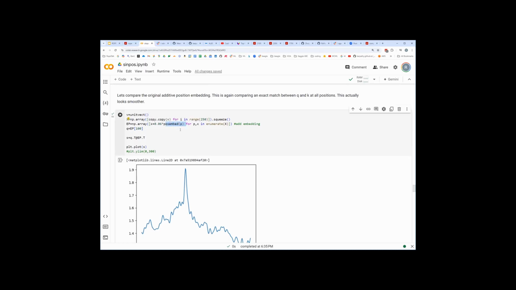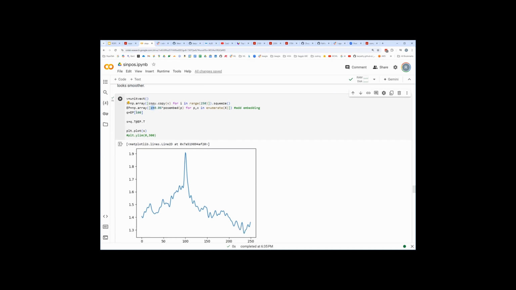It's the same sine, cosine at various frequencies that rotary position uses, but instead of multiplying it in the complex plane, we just added it in. And they didn't talk about a scaling. Last time when we were talking through this, I added the scaling just to show, otherwise it was dominated by the position embedding. Here I wanted at least to have some of the semantic embedding added in as well. And I plotted that then.